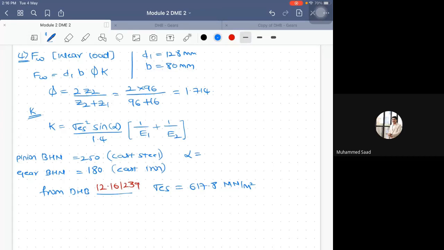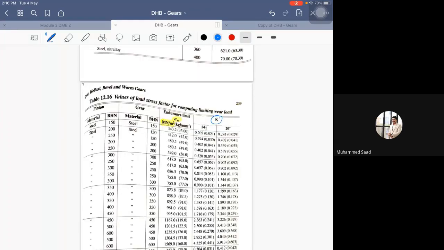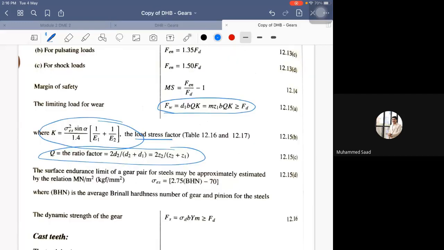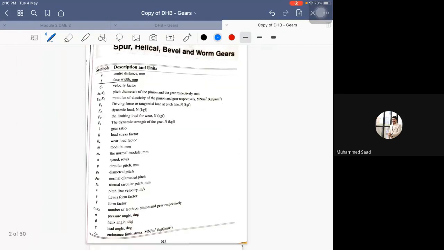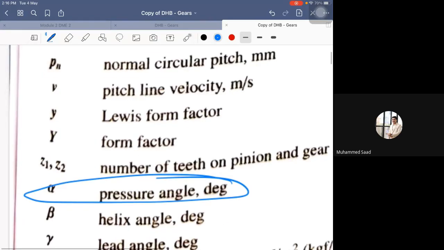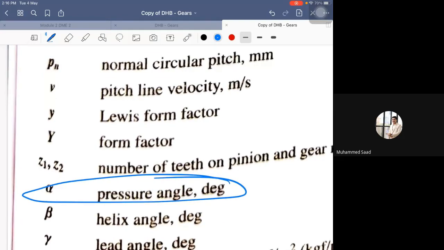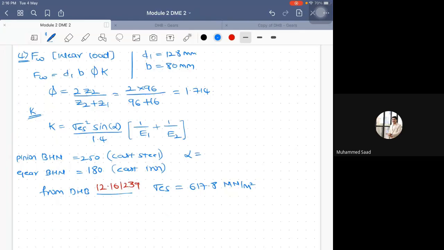If you forget such things, what you have to do is just go to the data handbook, page number 1, always. There each and every parameter is given. Just look for alpha. What do you mean by alpha over there? Yes, it's the pressure angle, isn't it? So has he given the pressure angle in the problem? He has said 20-degree involute, and that is nothing but your alpha value. So you can just write it in brackets to know it better. You'll write it as the pressure angle.